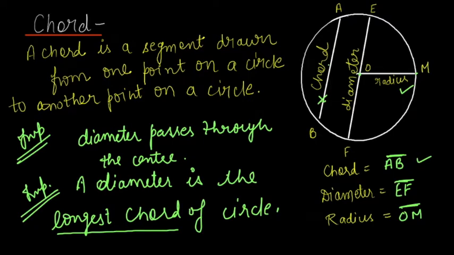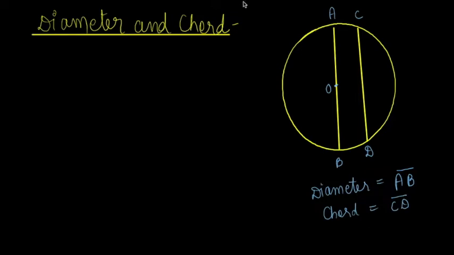Moving to the next part of the circle, which is diameter and chord, which I was explaining to you again. So AB is a diameter here because it is passing through the center. CD is a chord here because it is not passing through the center, but AB can be a chord as well, right?